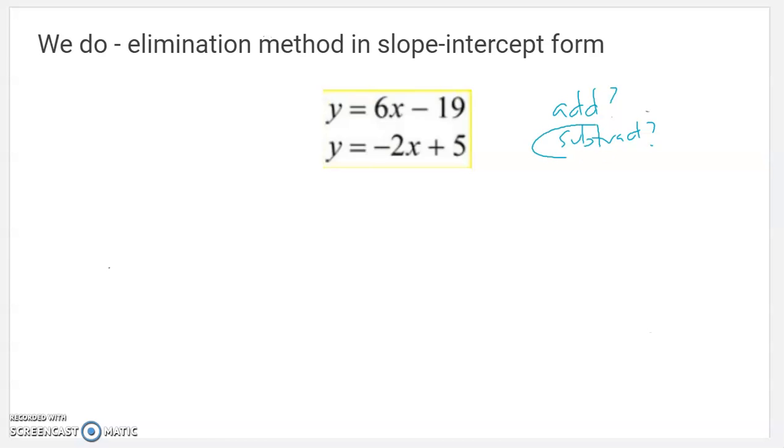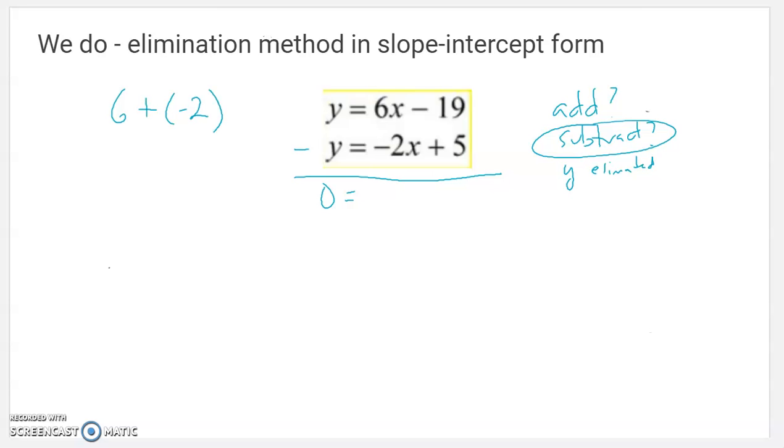So I'm, of course, going to choose to subtract again, because if I do y minus y, then y will be eliminated. And that's what I want. I want one of the variables, doesn't matter which, to be eliminated. So when I do that subtraction, y minus y is 0, eliminated. That's why I'm doing this. 6x minus 2x, let me not mess that up. 6 minus negative 2.